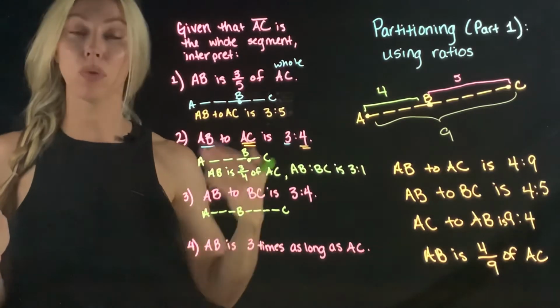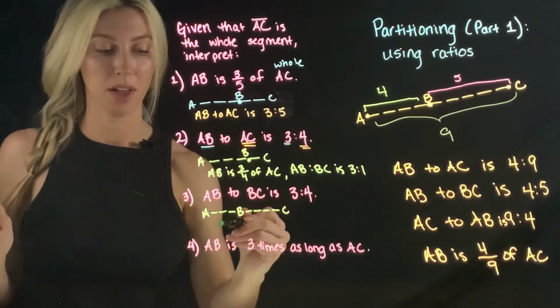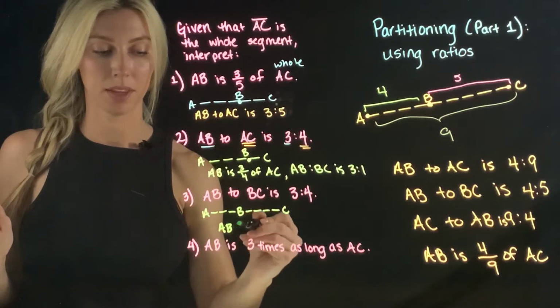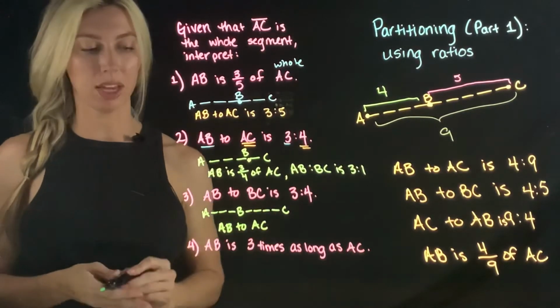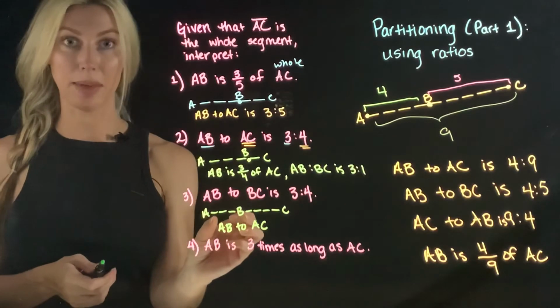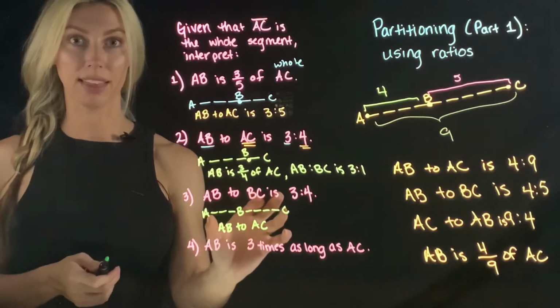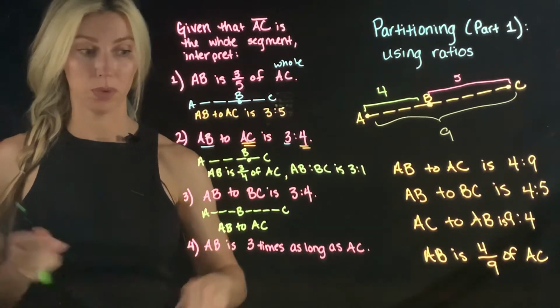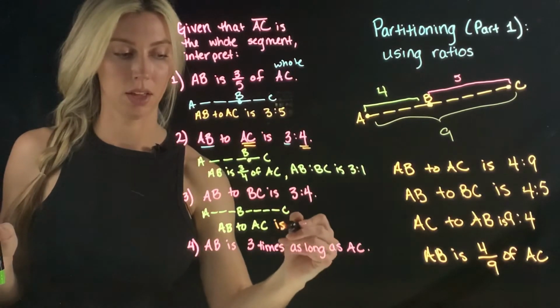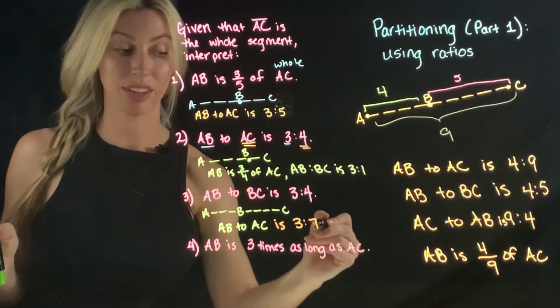So if I asked you for the part to whole ratio, AB to AC, what do you think that would be? What do you think it would be to talk about the part that's AB compared to the whole thing that's AC? So hopefully you said that that would be 3-to-7.